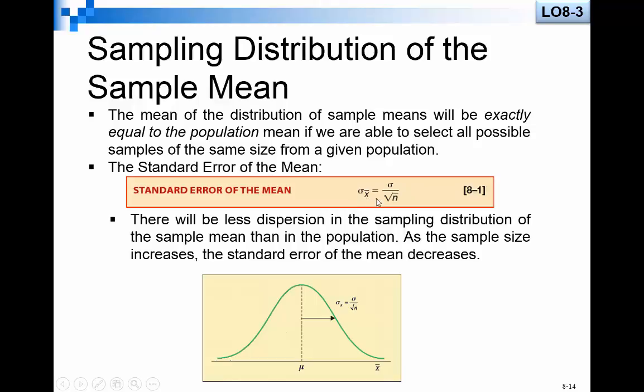Now, we don't have to create this distribution to determine that. All we need to know is the population standard deviation and the sample size of our samples, and we take the square root of that. So we're saying that the standard error of the mean equals the standard deviation of the population divided by the square root of the sample size.